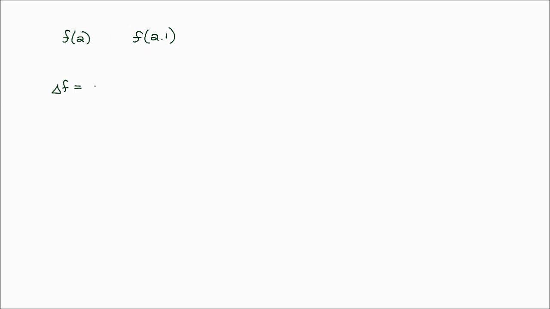The change in the function value is f at 2.1 minus f at 2. That's how the function changed over that interval. Well, if you think about it, that's like saying f of 2 plus 0.1 minus f of 2. Our little delta x was a wiggle of 0.1, so our change in output is just the difference between these output values.